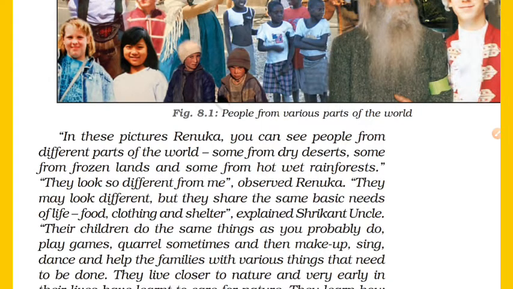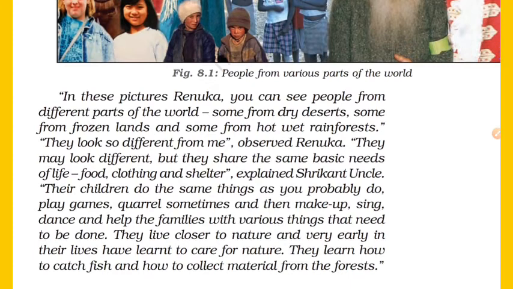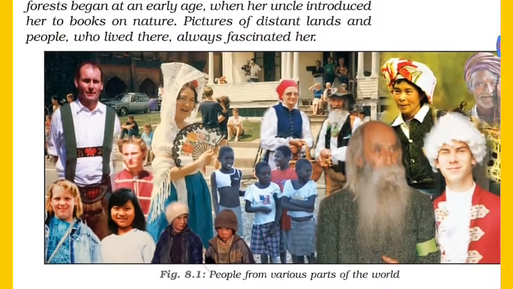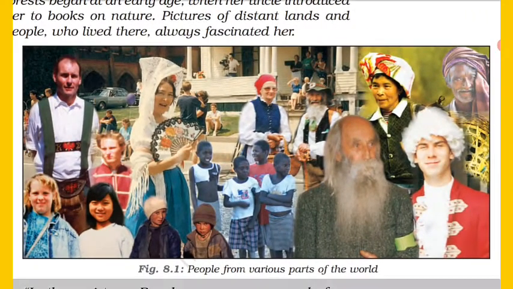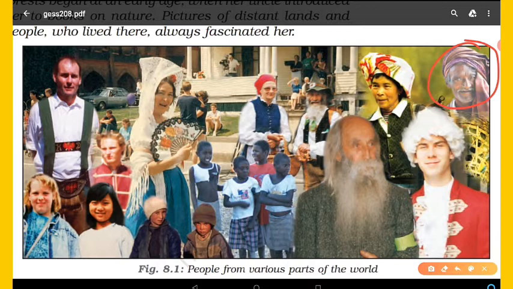They look so different from me, observed Renuka. They may look different, but they share the same basic needs of life, food, clothing, and shelter, explained Shrikant uncle. It means the people look very different from each other because they belong to different areas.